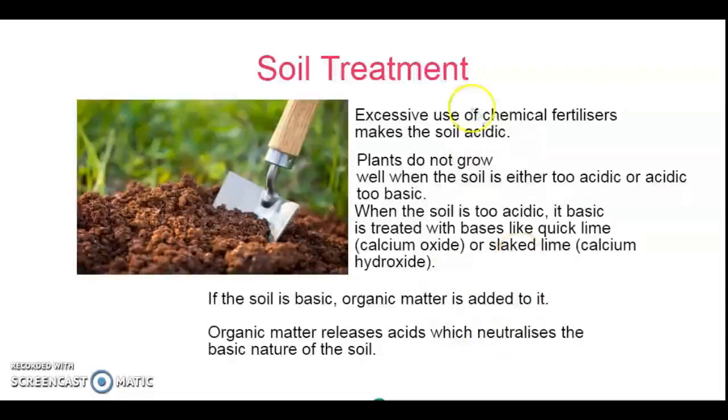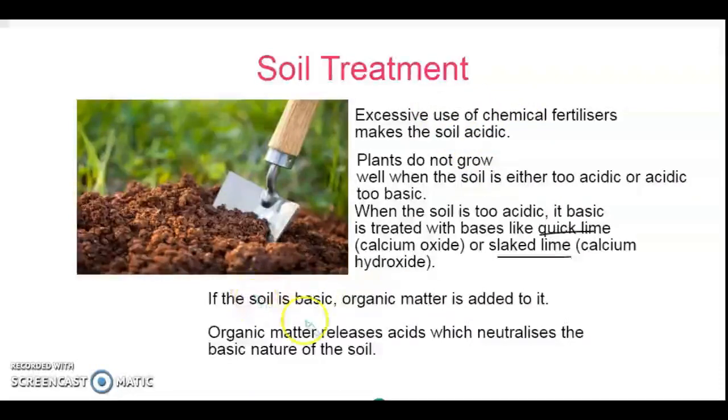So when the soil is too acidic, what will you do? Yes, you will add something basic. So what do you add? You add quicklime, calcium oxide, or slaked lime. These are added to the soil to decrease the acidity of the soil.